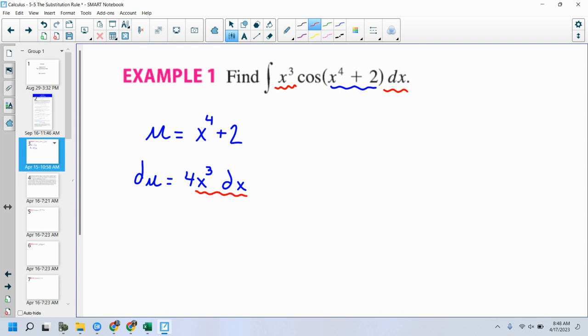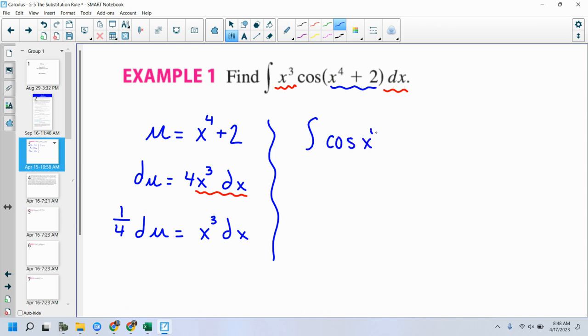Do you see x to the third dx inside our derivative? But there's this pesky 4, and I don't want that 4 to be there. So let's move it over to the other side. So let's say 1/4 du is equal to x to the third dx. Now watch what we can do. This is really equivalent to cosine of x to the fourth plus 2 times x to the third dx.